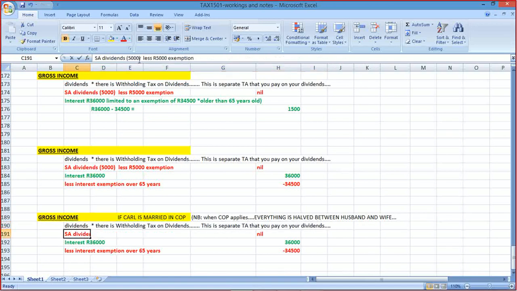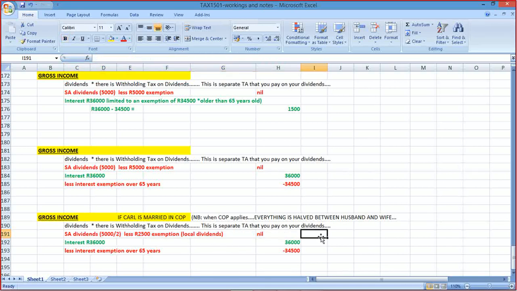So how much dividends did he earn? 5,000. Remember, half of that is his, and the other half is his wife's. So the dividend that he's going to show here is 5,000 divided by 2, less a 2,500 exemption.